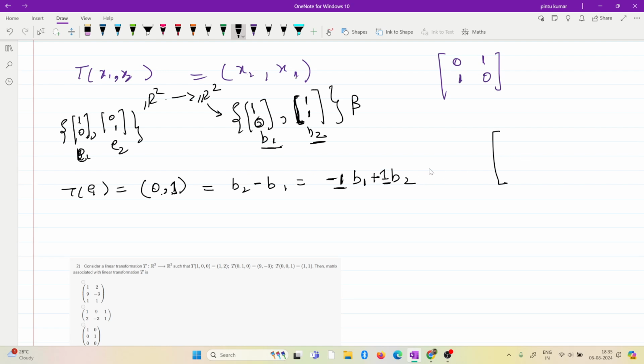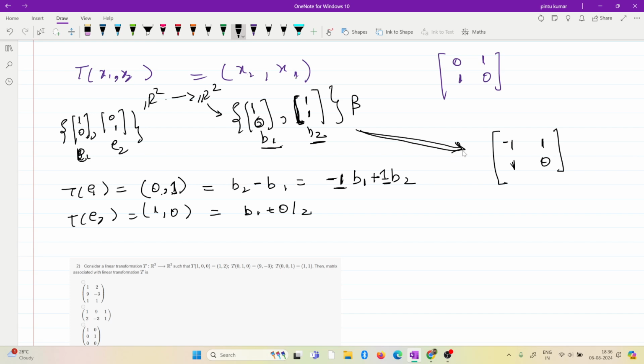The first column would be minus 1 comma 1 rather than the 0 comma 1 that we had. Similarly, T of E2 is now 1, 0. This is simple, it is again 1 times B1 plus 0 times B2, so this would be 1, 0 only. So this is the matrix corresponding to this particular choice of basis.